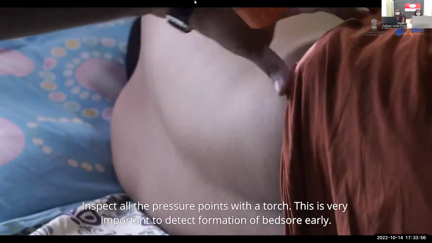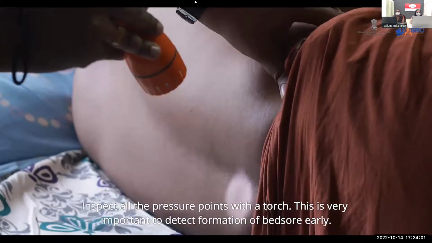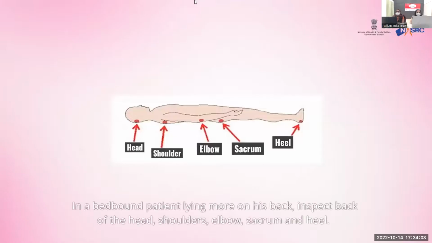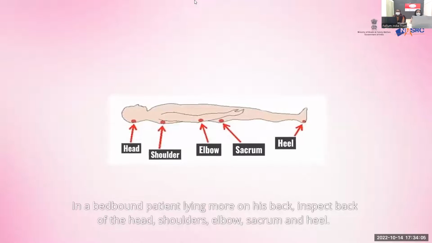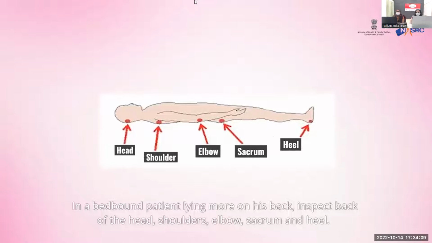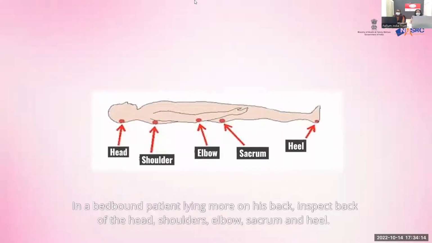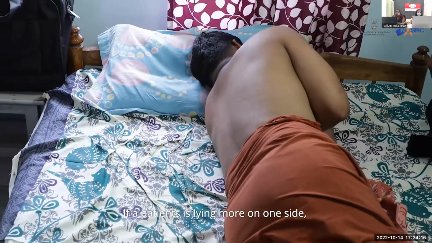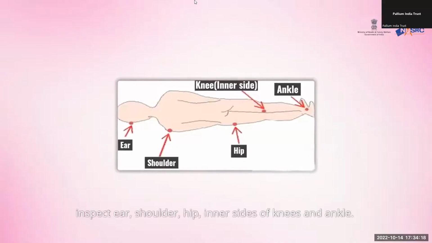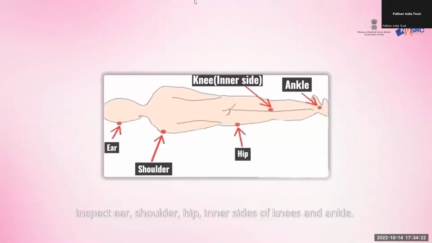Inspect all the pressure points with a torch. This is very important to detect formation of bed sore early. In a bedbound patient lying more on his back, inspect the back of the head, shoulders, elbow, sacrum and heel. If a patient is lying more on one side, inspect ear, shoulder, hip, inner sides of knees and ankle.